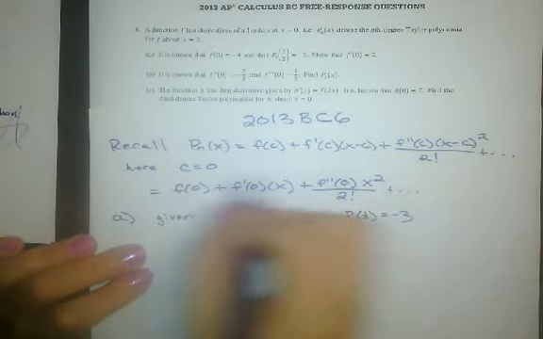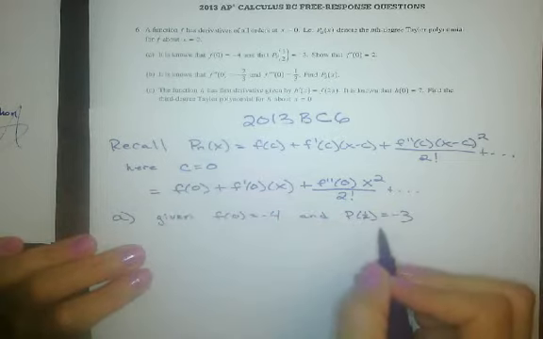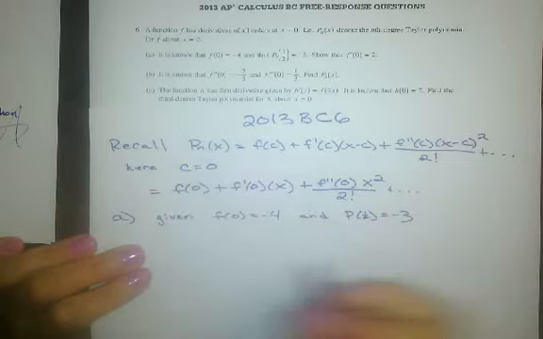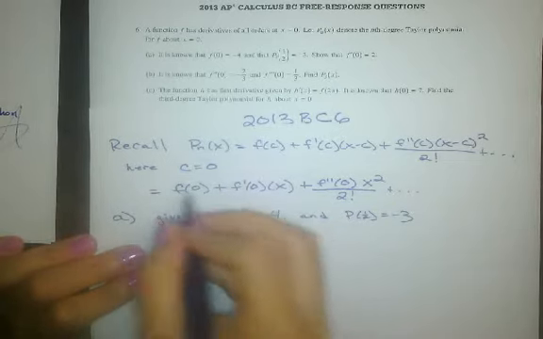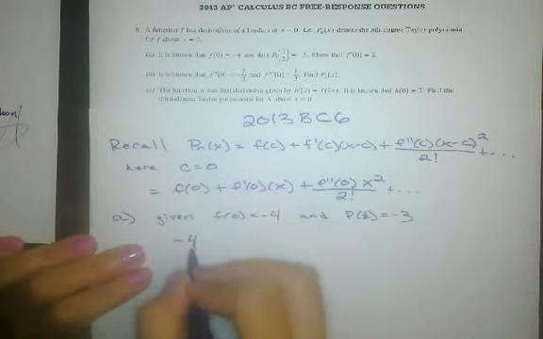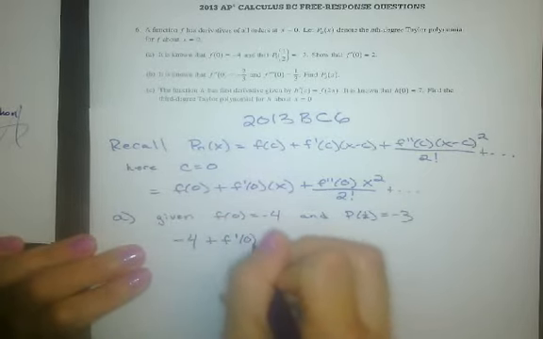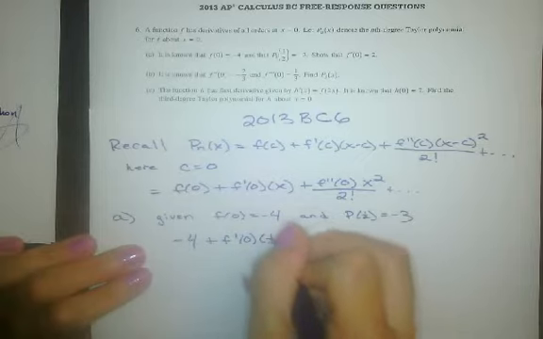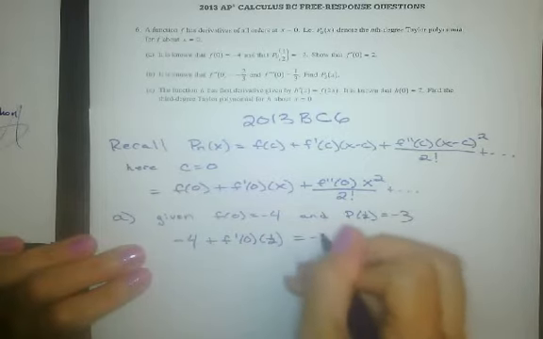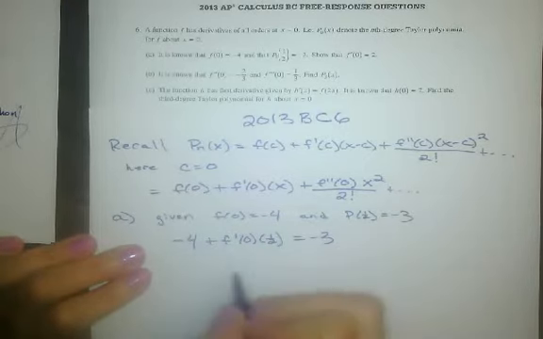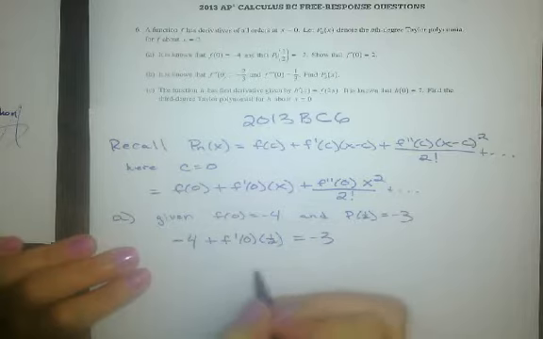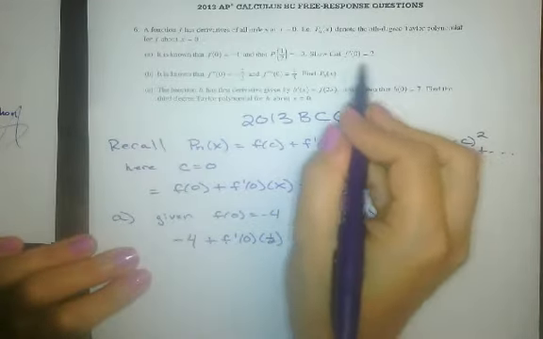When we put that into this general formula, we say -4, there's that part, and then plus the first derivative at 0 times 1/2 equals -3. We know that whole thing equals -3, and now we're solving for this first derivative at 0.